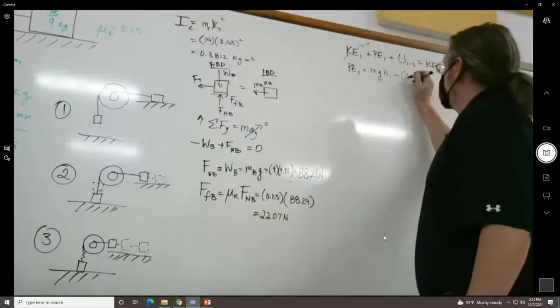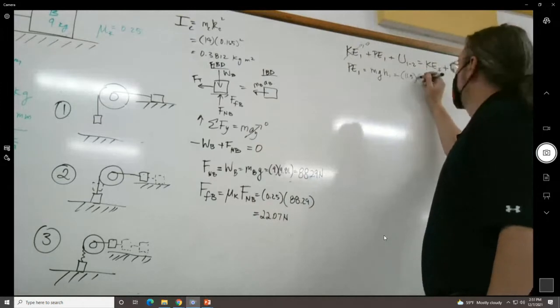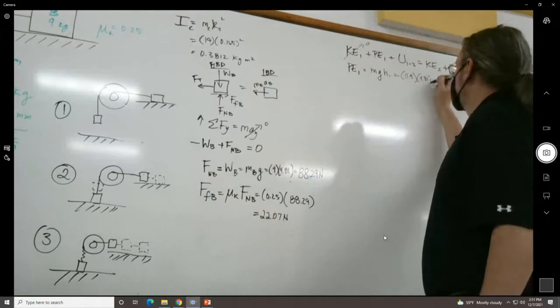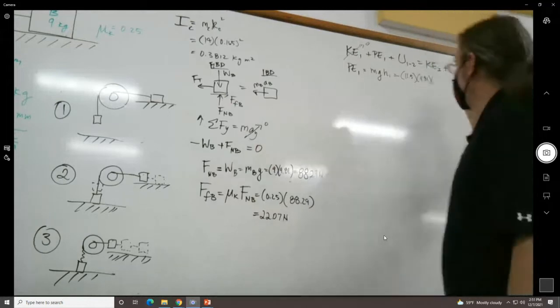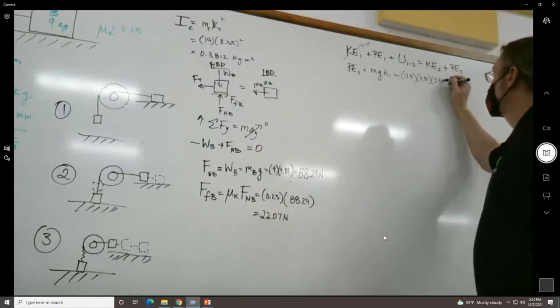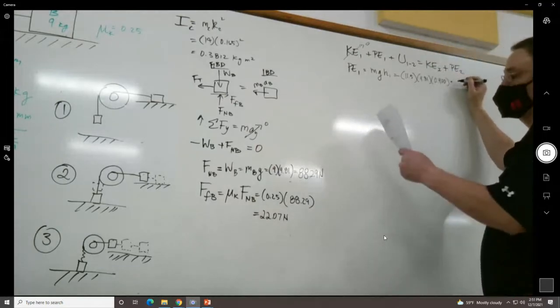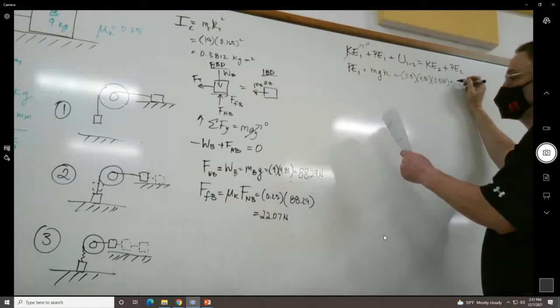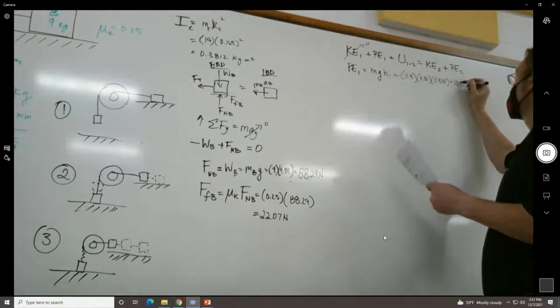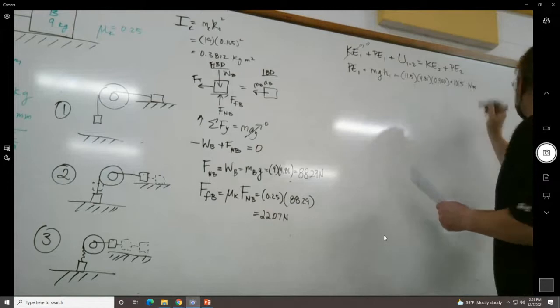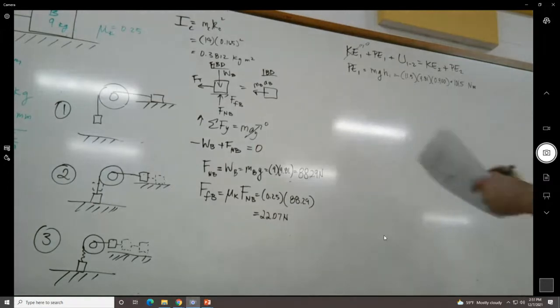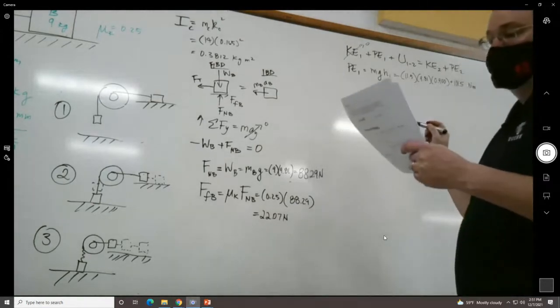So 11.5, 9.81, and 0.9. So I have that as 101.5. These are Newton meters.